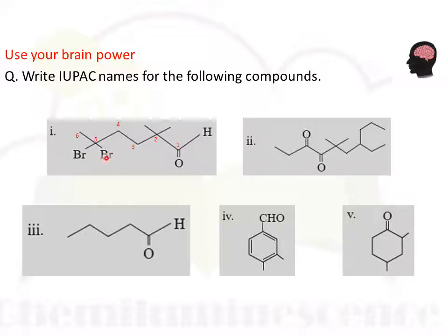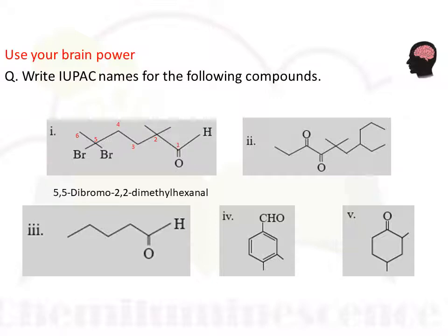So bromine comes first and methyl comes second. So write down the name of bromine including its locant. There are 2 bromines, hence we use the word dibromo. There are 2 methyls, hence we use the word dimethyl. And at the end, the parent hydrocarbon name. Hence the name of this compound is 5,5-dibromo-2,2-dimethylhexanal.